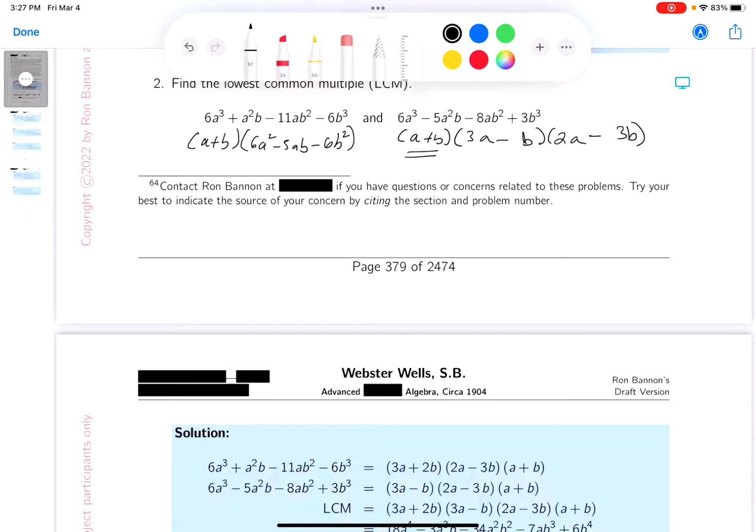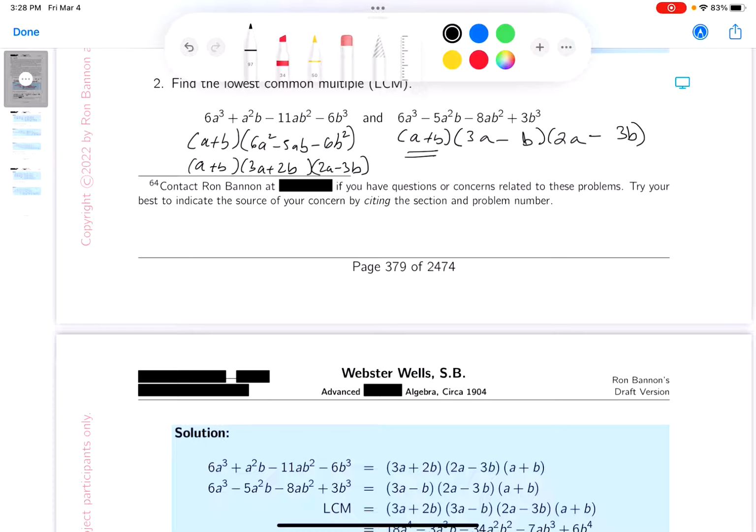Now, what I'm going to do is factor that. And after I factor, I'm going to erase it. So I'm going to say 3a plus 2b and 2a minus 3b. Let me see if it works, though.